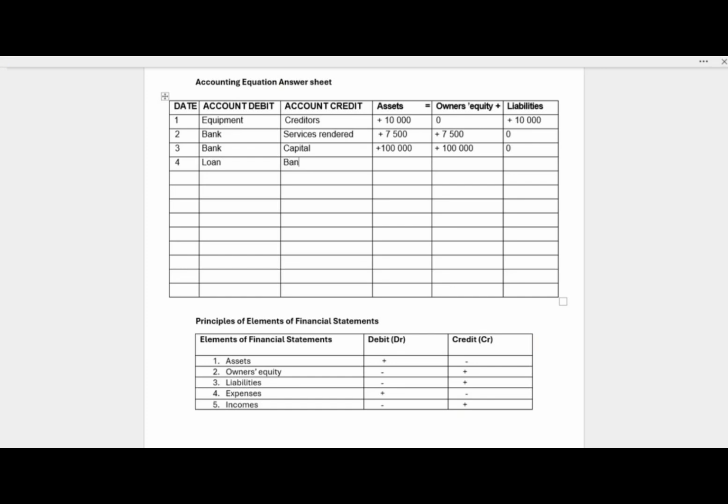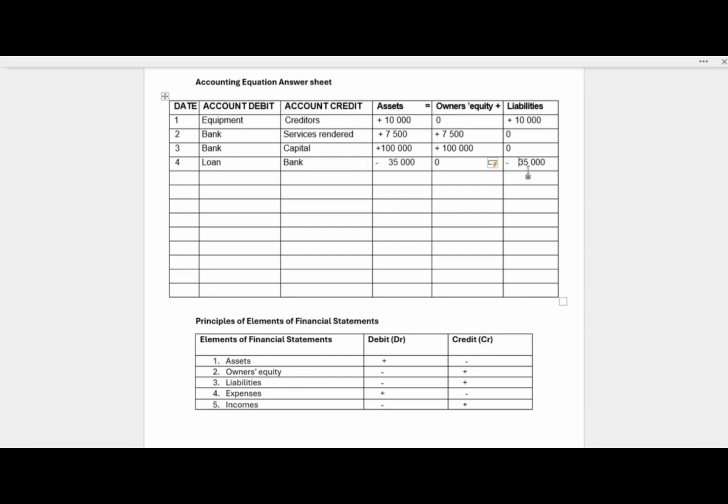We credit our bank because our bank this time is decreasing because we are making a payment. And whenever bank decreases because it's an asset, we credit. So you see, we paid, there's a decrease of 35,000 in the bank right there. Okay, and there's nothing that affects our owner's equity here, and then there will be a decrease in our liabilities of minus 35,000 because loan is a liability and it's decreasing.